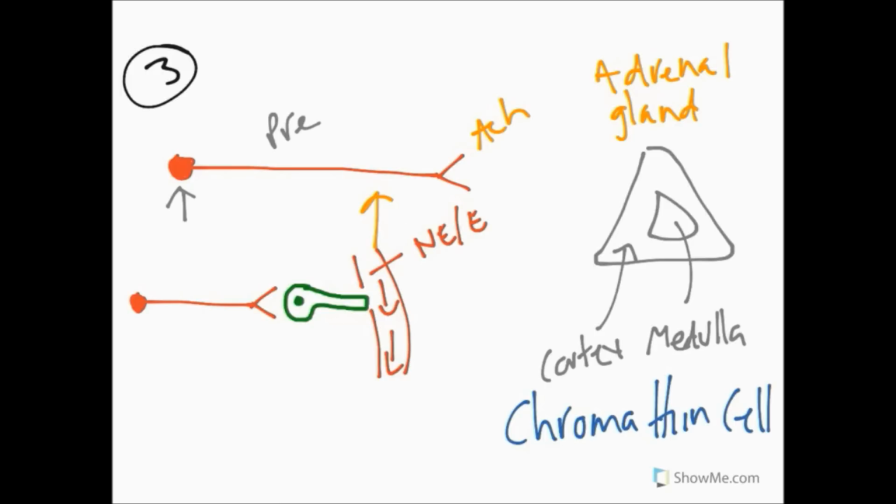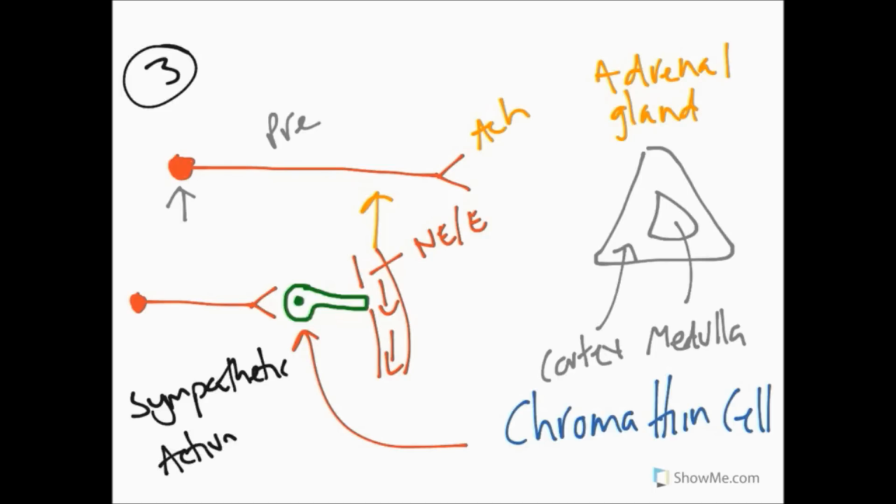So the chromaffin cell, which is here, is releasing norepinephrine and epinephrine directly into the bloodstream. It's not having an impact on an effector organ. So what is this particular method of communication for? Well, it's generally referred to as something called sympathetic activation.